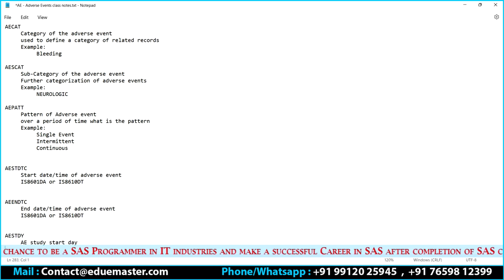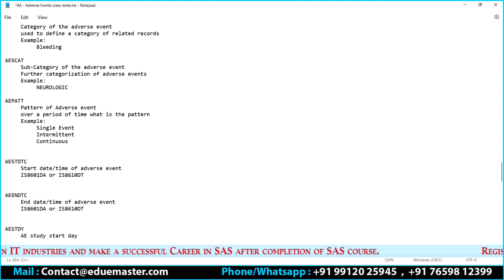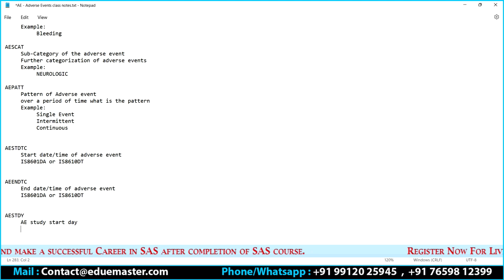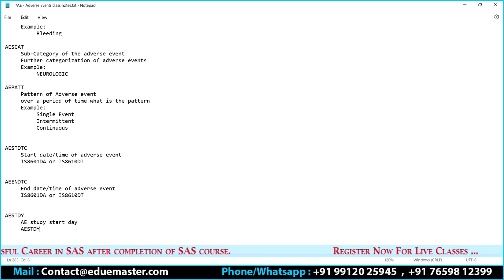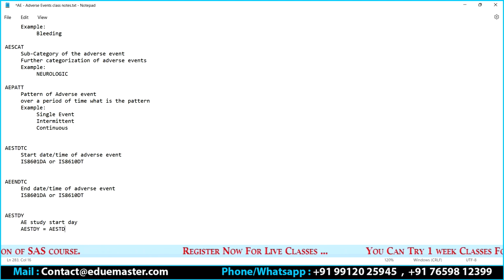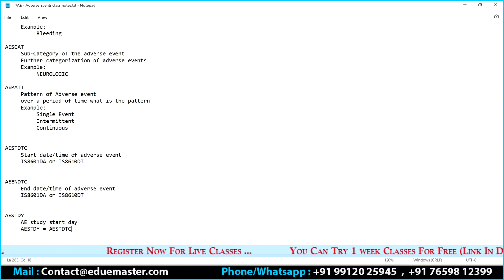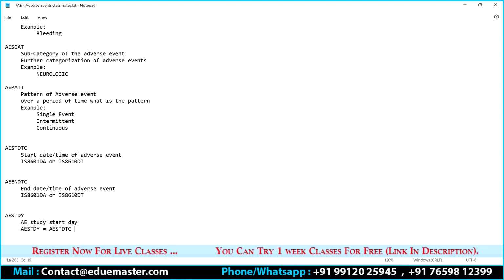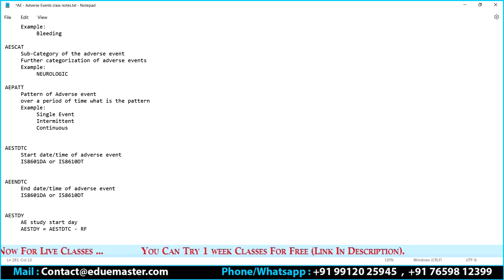For this particular one, we are going to have calculations. What are going to be the calculations? You remember this, every time we calculate this: AESTDY is equal to adverse event start date time in character format minus RFSTDTC.